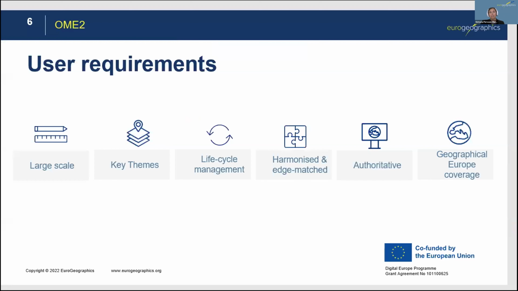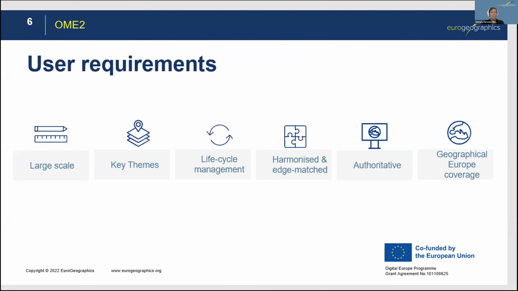During this former project, in addition to providing our data sets openly and creating a prototype for a cadastral map for Europe, we surveyed our users' requirements. And what you see here is that users need large-scale data of key themes, efficient life cycle management and updating.